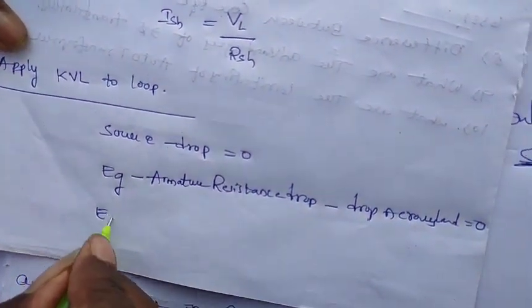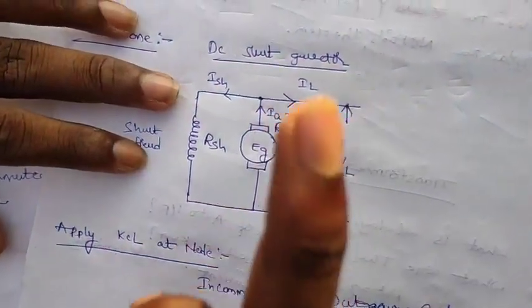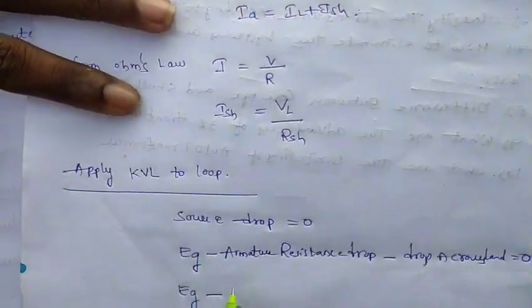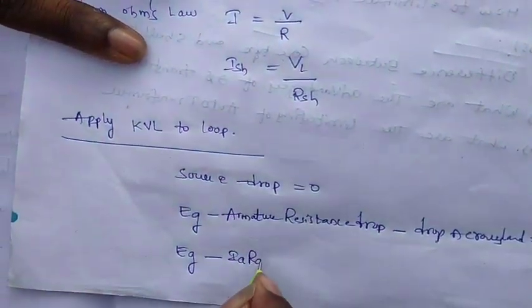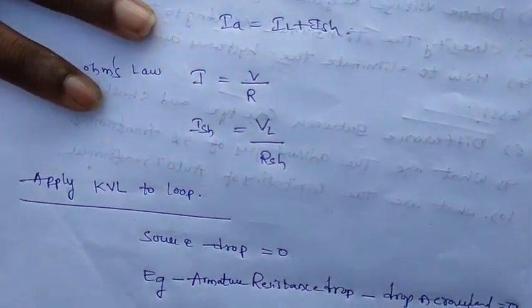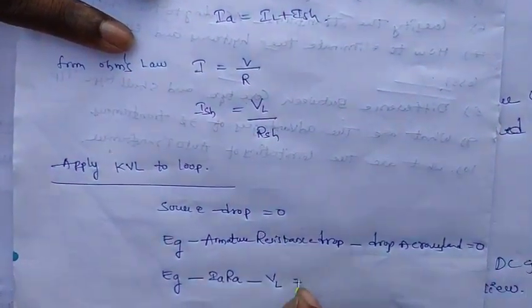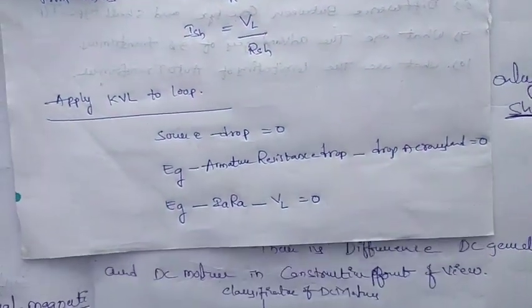That is EG. What is the drop across the resistance? Whatever the current flowing in the armature multiplied with the armature resistance, that is IA RA, minus the drop across the load, that is VL, equal to 0.